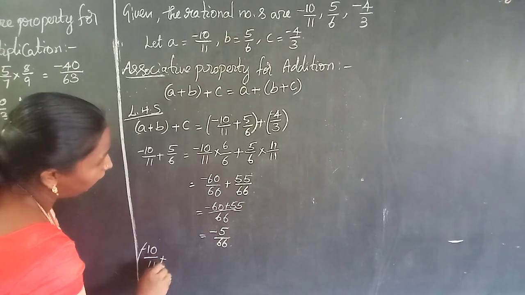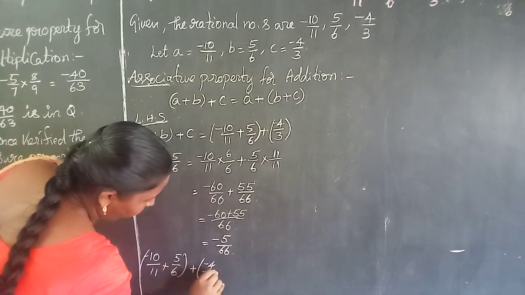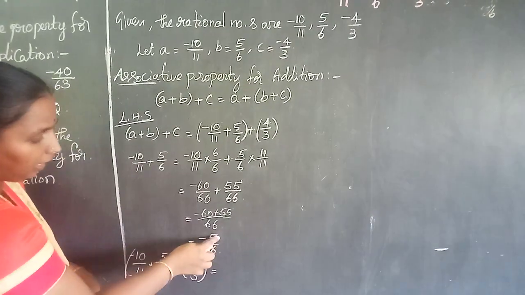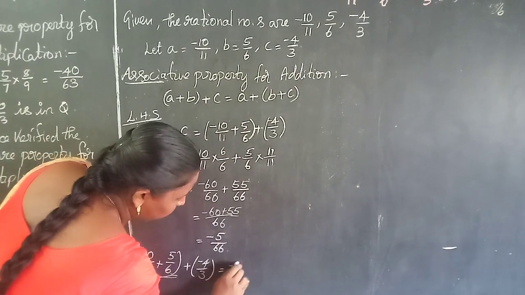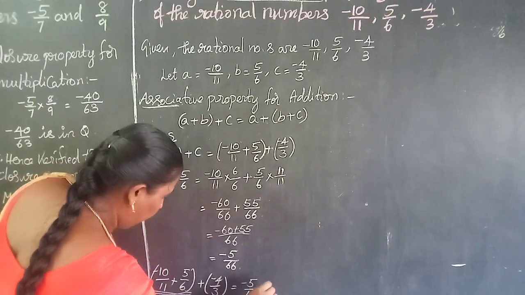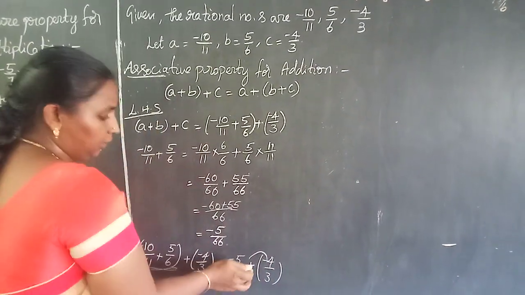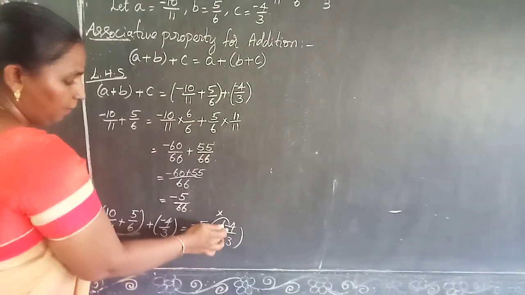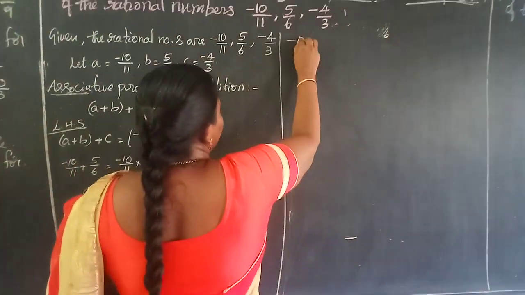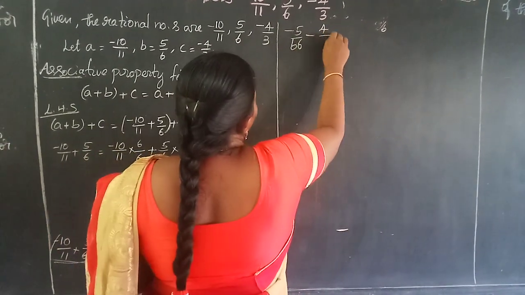Minus 10 by 11 plus 5 by 6, plus minus 4 by 3 equals, for the bracket we got the answer minus 5 by 66. Let's substitute that value: minus 5 by 66 plus minus 4 by 3. You observe this: plus into minus gives minus. So minus 5 by 66 minus 4 by 3.